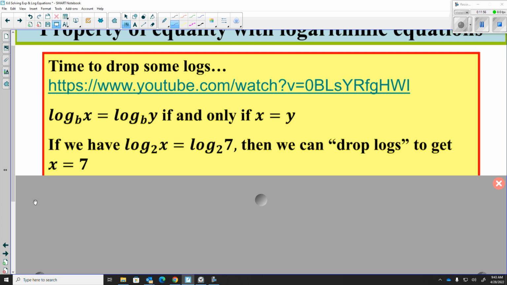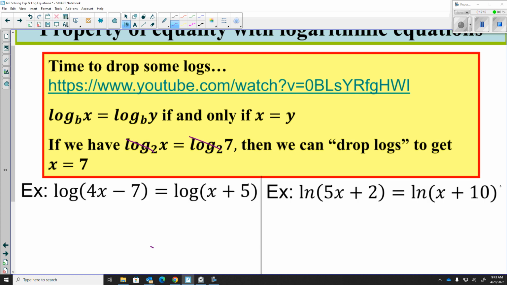Why do you think I can drop these? Because they have the same base. It's log 2. So they're gone, and it's x equals 7. Does that make sense? You can only do it if the base is the same. Okay? It's the same thing as exponentials, except now we're talking logs.